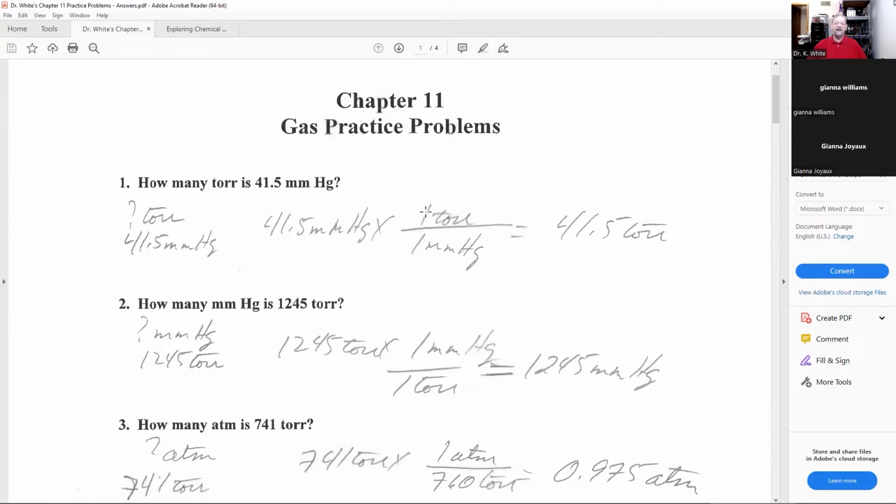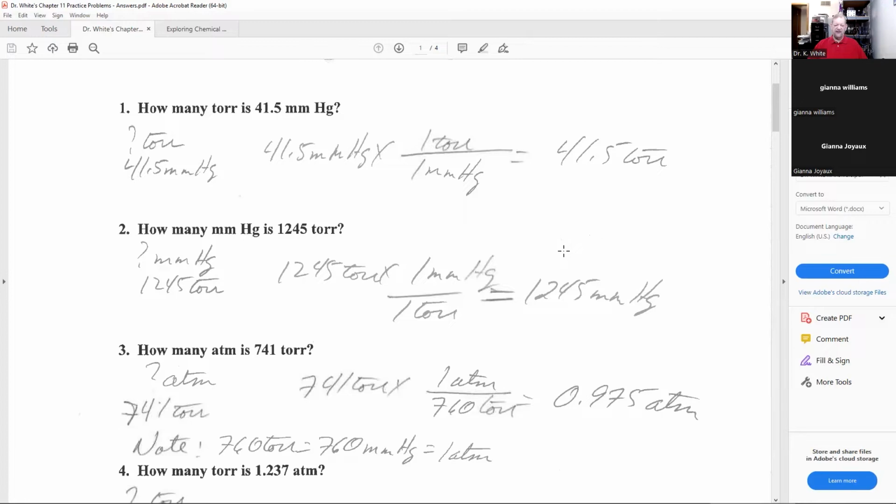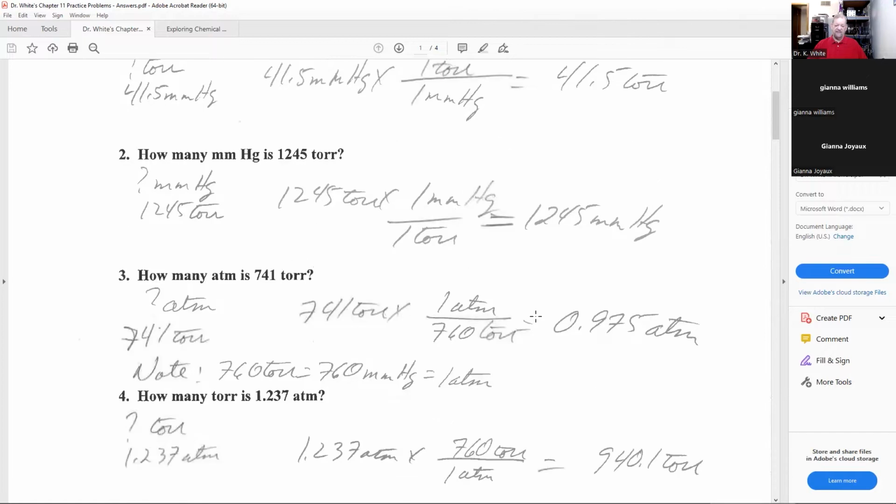Now, I have 1 and 1. You could also put in 760 and 760. These are exact numbers, 3 significant figures, 3 significant figures. Same thing here, going from torr to millimeters of mercury. These are exact numbers, 4 significant, 4 significant.